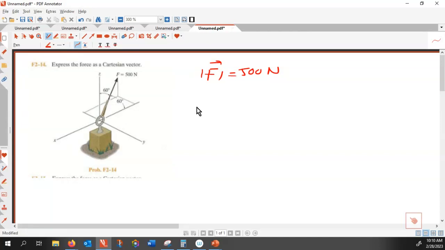So here I have gamma equal to 60, and what is the angle with the x?